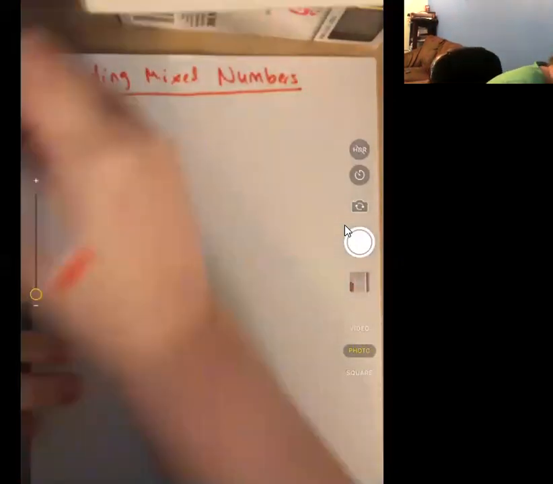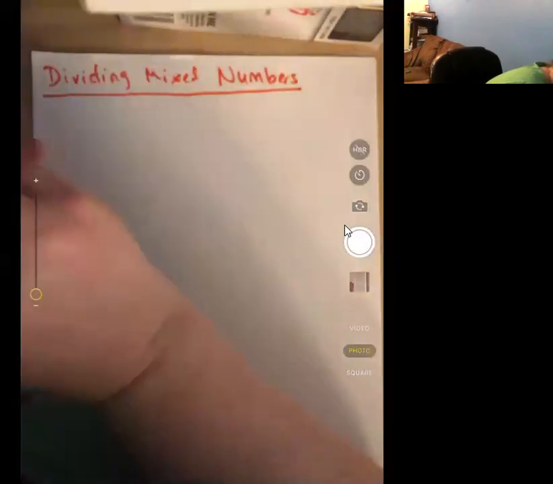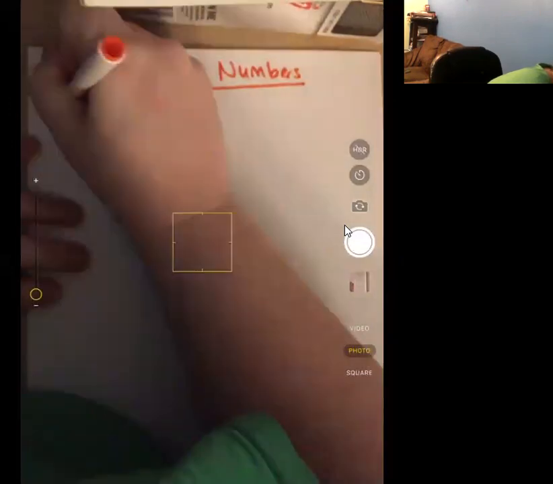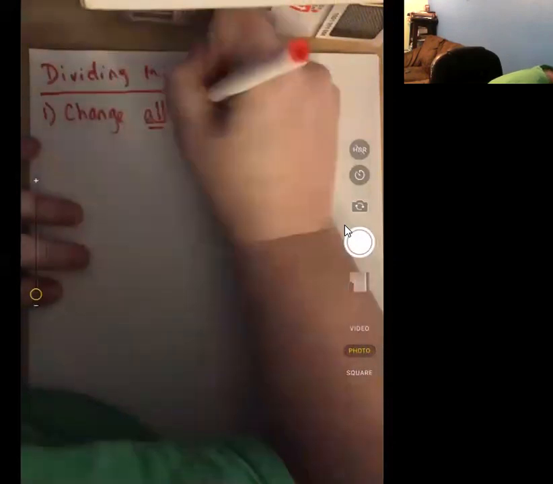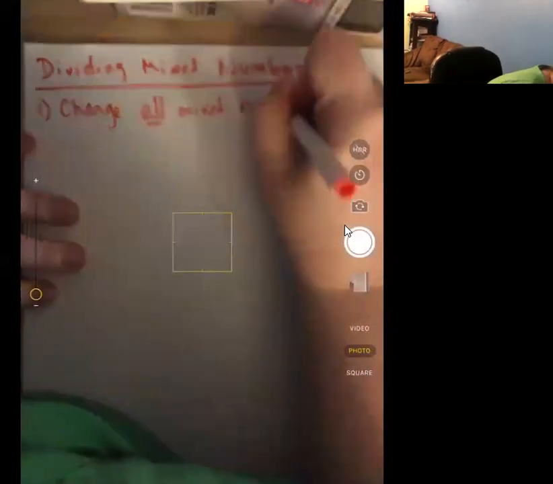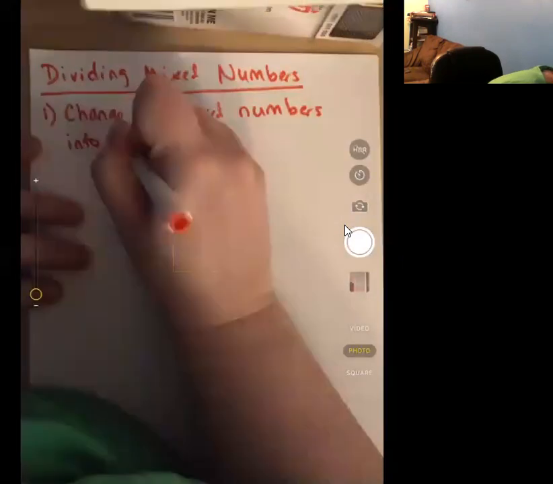Okay, so number one, change all mixed numbers into improper fractions.